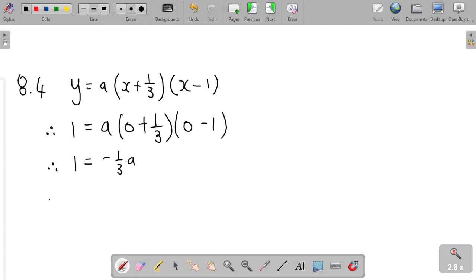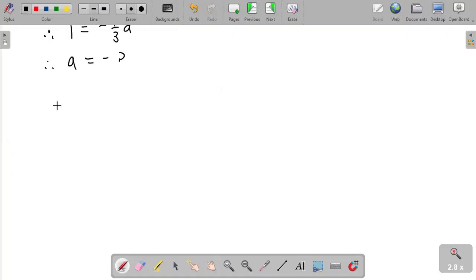So a equals, we simplify here, a equals negative 3. So therefore y will be equal to negative 3.